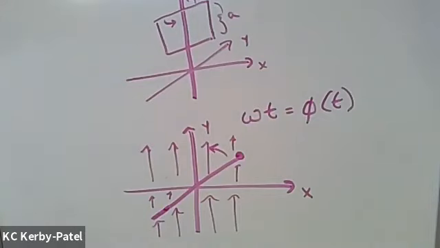I like to think of it as the field is not moving and the loop is moving. So the way that I'm going to do that is I'm going to write that the magnetic field is some amplitude a hat x, and that stays the same all the time.